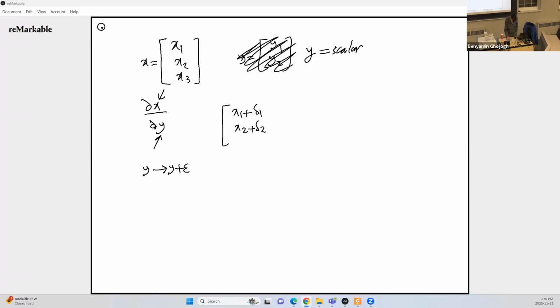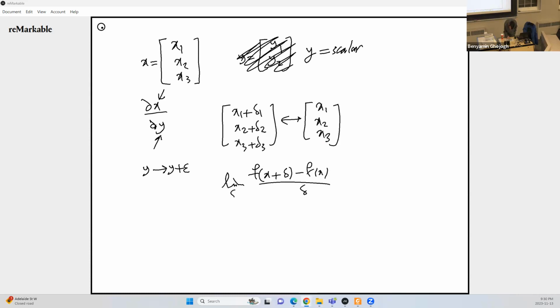Of course, x2 and x3 also change. So we have before and after, like before and after in surgeries, for x1, x2, x3, and you can compare these two. What was the definition of the derivative? f of x plus delta minus f of x, over delta, as delta goes to 0.